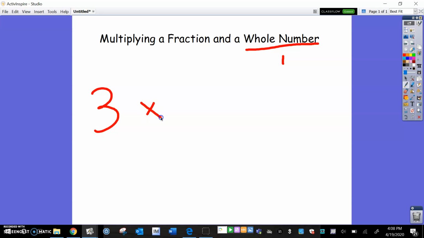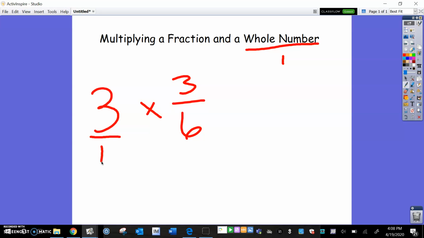3 times 3/6. Okay, so I have my imaginary 1 underneath my whole number. Now, it's still 3, but 3 over 1 is the same thing as just a normal 3, because 1 times anything is itself.